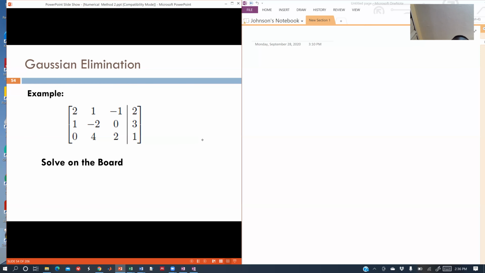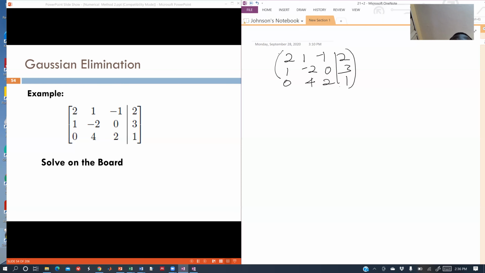Let me use this example to explain the Gaussian elimination. And the example, as you see, is given by 2, 1, minus 1, 2. I have 1, minus 2, 0, 3, then 0, 4, 2, 1.